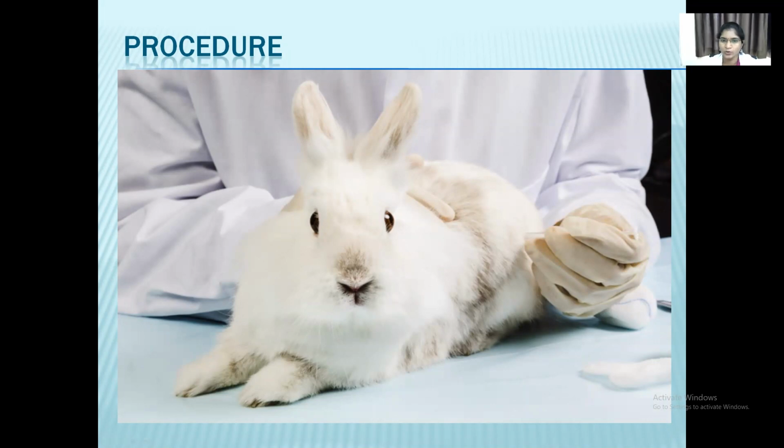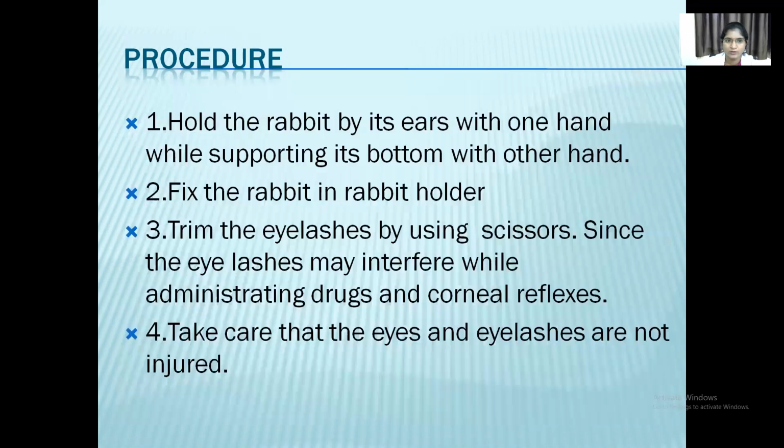Tame the rabbit like this, fold the two eyes and tame the rabbit to calm. Then hold the rabbit by its ears with one hand while supporting its bottom with the other hand.